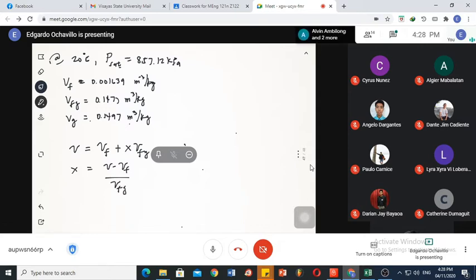These values here are from the tables. Do not be confused: if it is water, you need to use the saturated water tables or the steam tables.